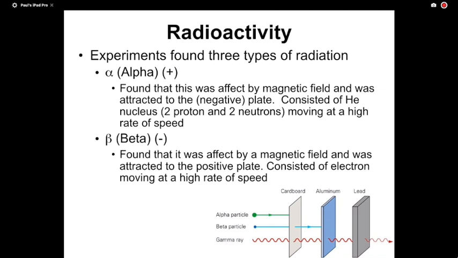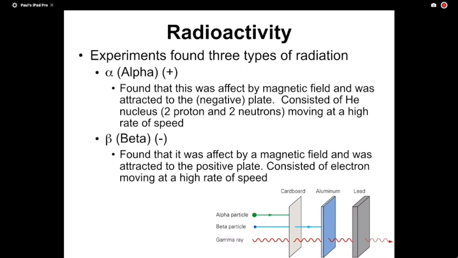Okay? It was a chunk. It was a pretty sizable chunk. It weighed 4, and it had 2 positives. Okay? It would be the exact same thing as the center of a nucleus of a helium atom.